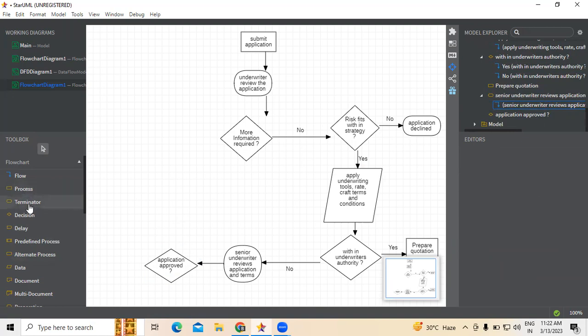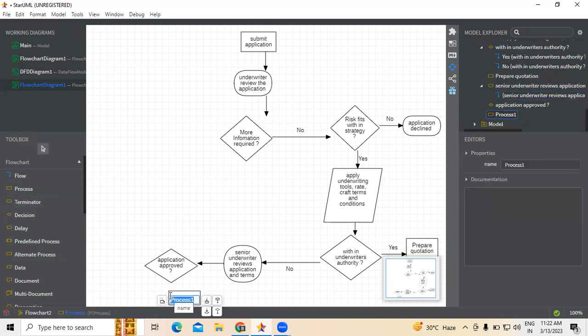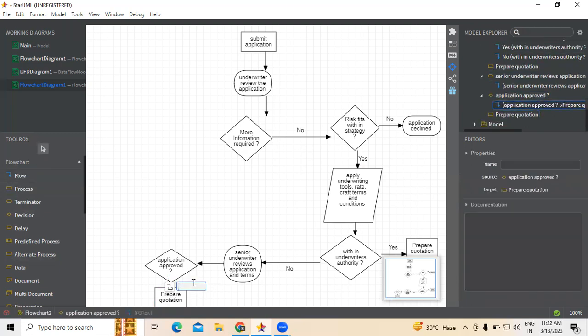We can prepare the quotation and everything that is required. This is the preparation of the quotation, provided it is yes.